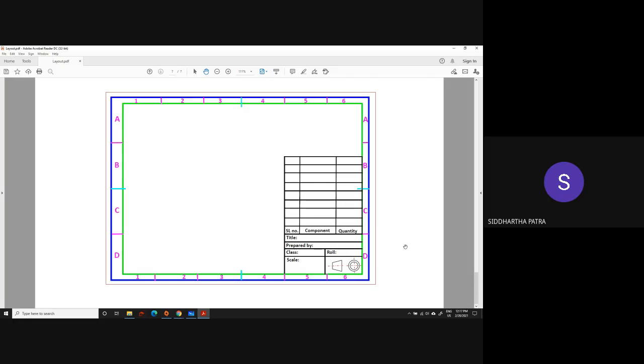But regarding the text of the title block as well as the list of items, the text should be in engineering lettering format. Okay. And you can imagine there are specific sizes for engineering lettering. Okay, and I'll not be going into the details of that. You don't have to do exactly the same as engineering lettering.